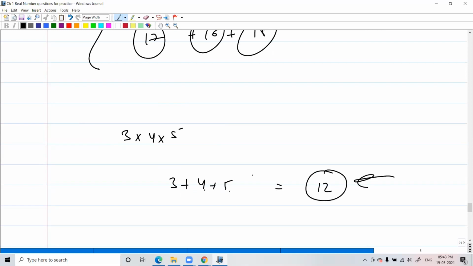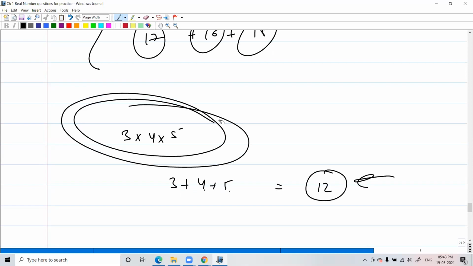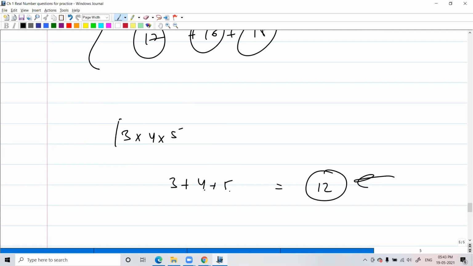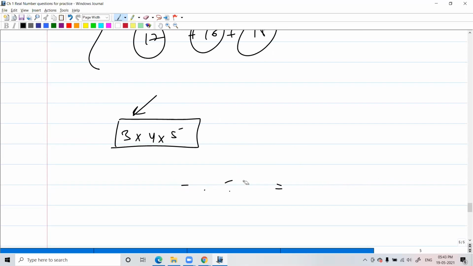It will be divisible because if there are 3 consecutive numbers, one of them always has to be a factor of 3. Correct? So it is going to be divisible, but this is not the way to prove it by adding the numbers itself. If you want to check whether it is divisible by 3, you have to check whether 3 is one of the factors or not.